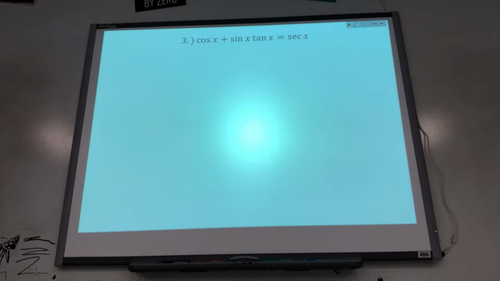So, number 3, we're going to have one like this right at the beginning of the homework, I think. Number 3, cosine of x plus sine of x tangent of x equals secant of x.